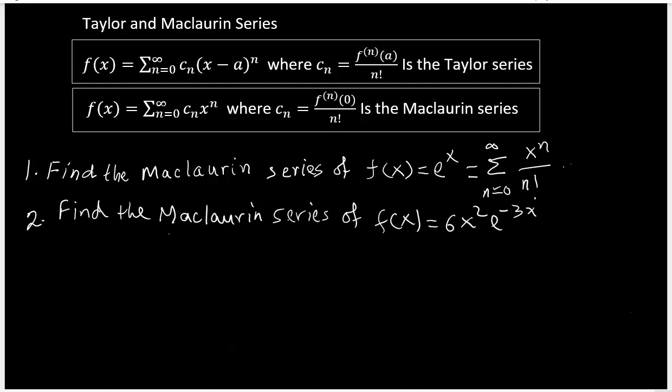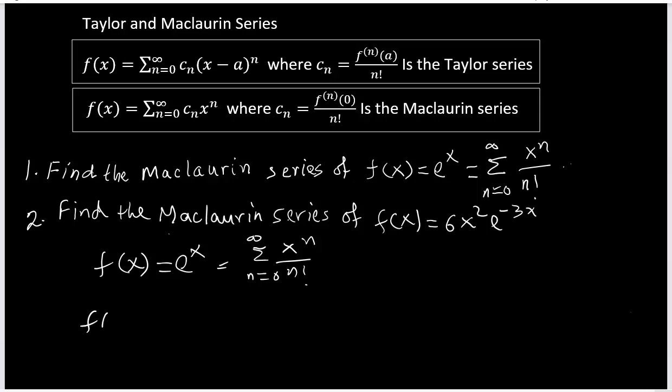So now we are going to find the Maclaurin series of f of x equals 6x squared e to the negative 3x. Okay, so how do you do that? First of all, look at here. The Maclaurin series for e to the x is the summation from n equals 0 to infinity of x to the n over n factorial.